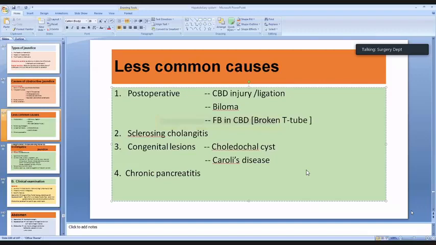So these are sometimes also responsible for obstructive jaundice, but the initial four must always be remembered: cholelithiasis, malignant tumor, biliary stricture, and roundworm. So these are the causes of obstructive jaundice.